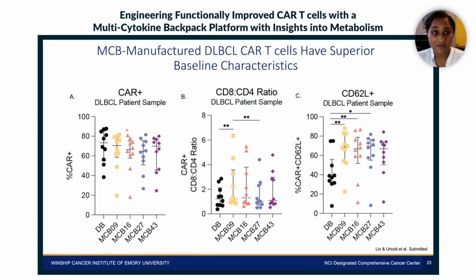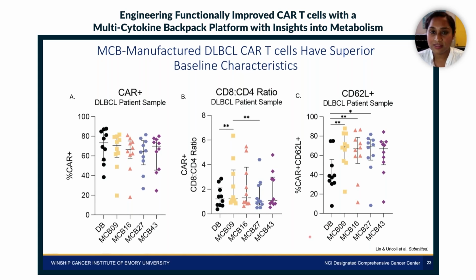And so we can see that they have similar levels of CAR T cell transduction across these different conditions, but we have superior CD8 to CD4 ratios with some of our MCBs, and significantly more CD62L expression using our MCBs compared to Dynabeads.